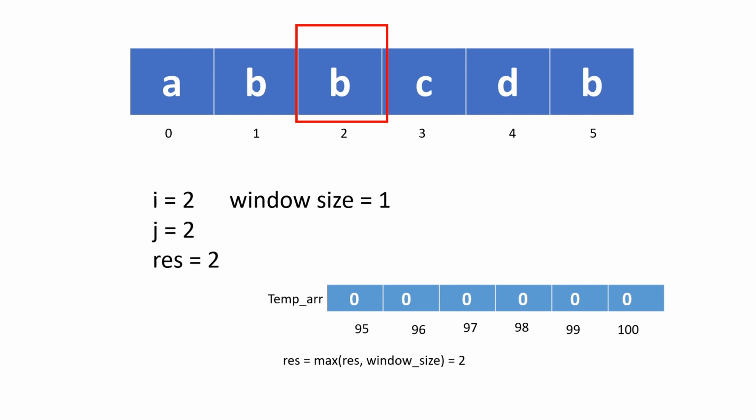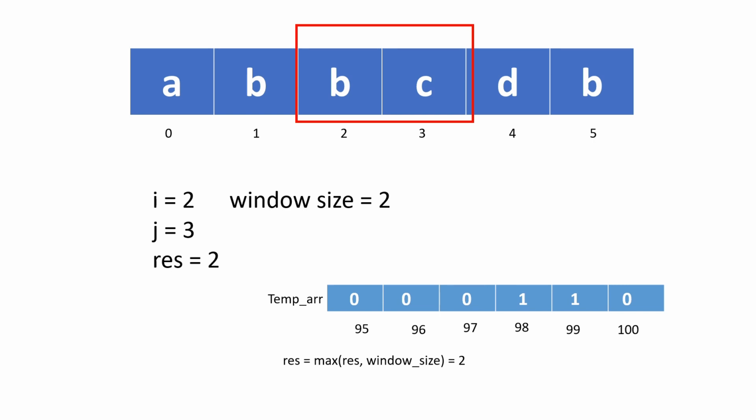Now again I will check if the element at j is in the temp array or not. It is not, so I will now update my result. The result is the window size and the previous result is 2, which means that the result will remain 2, and I will increment j.